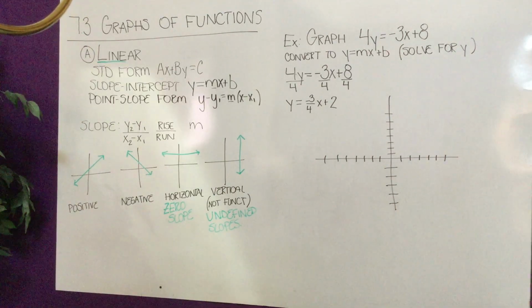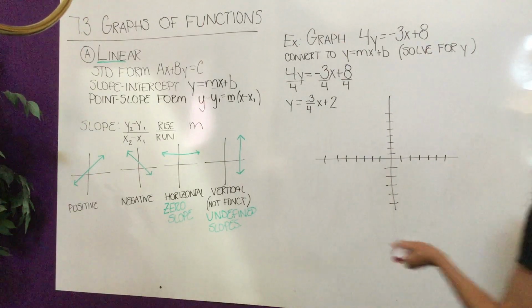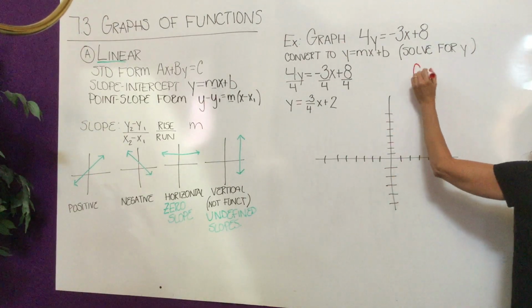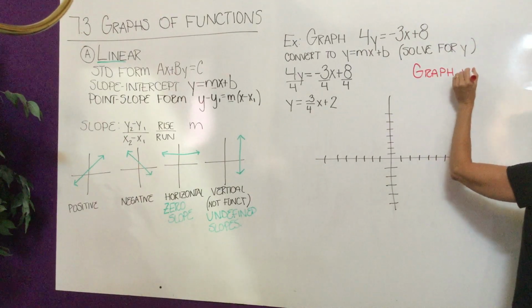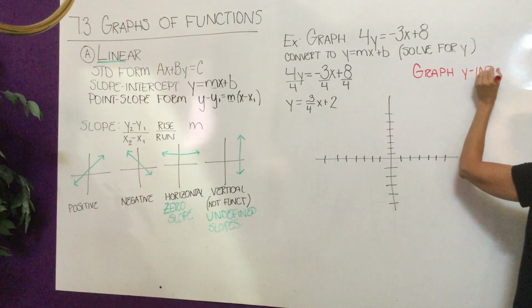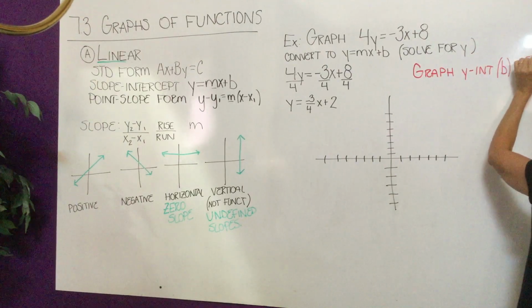All right, so now that we have it in slope-intercept form, what do we do with it? Well, you're always going to graph the y-intercept, which is denoted as b, first.